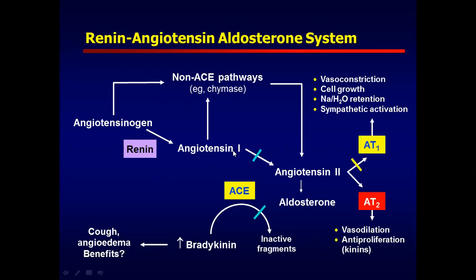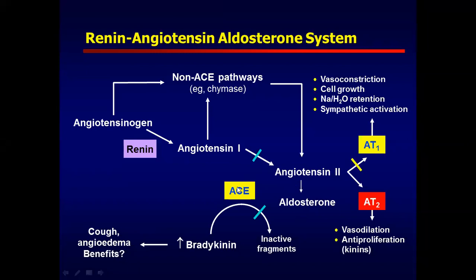Angiotensin 1 in turn will be cleaved by another enzyme, ACE, the angiotensin converting enzyme, to angiotensin 2, and this angiotensin 2 will act on the zona glomerulosa of the suprarenal cortex to produce aldosterone, and this aldosterone will cause salt and water retention, hypervolemia, and hypertension.